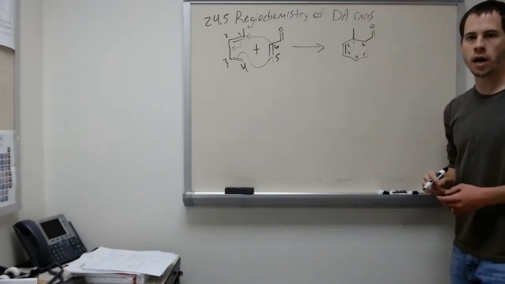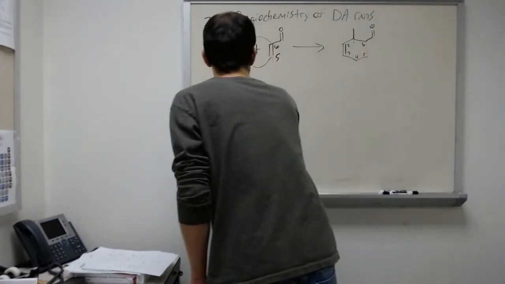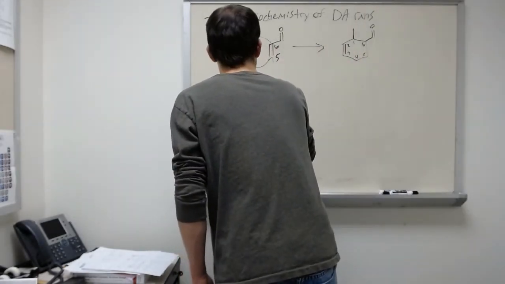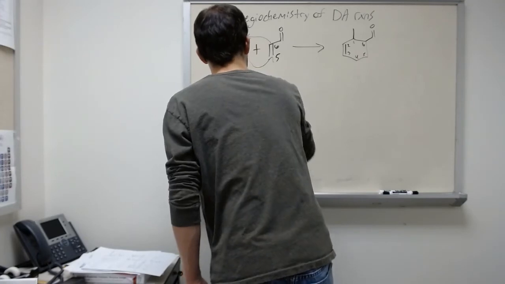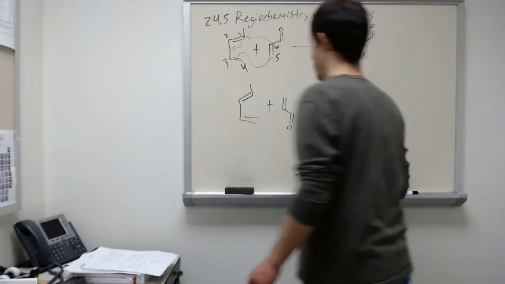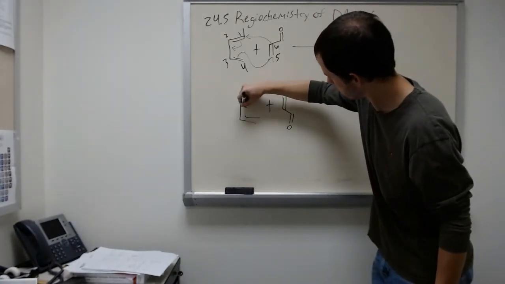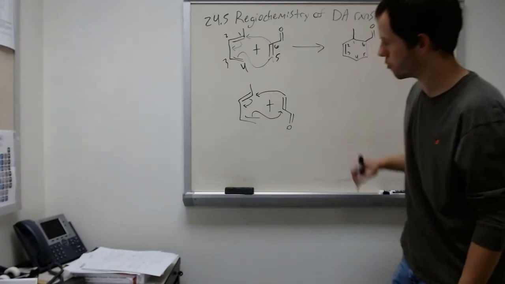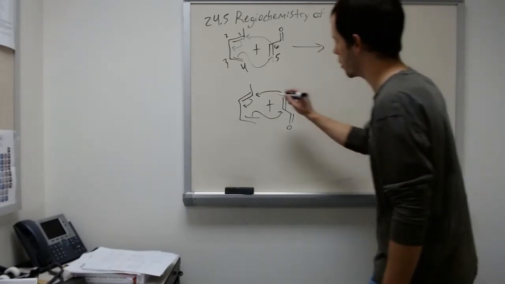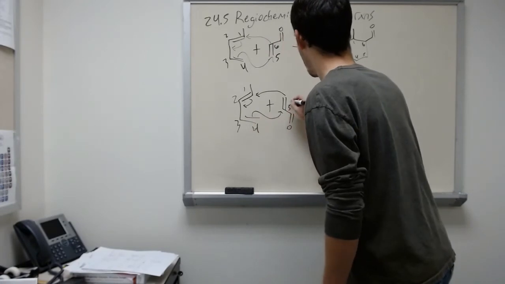But you could also imagine the aldehyde flipping around and reacting the other way. And so now we have something like this. And so this is going to attack here, kick down, and come over here. So now if we number our carbons, 1, 2, 3, 4, 5, 6.